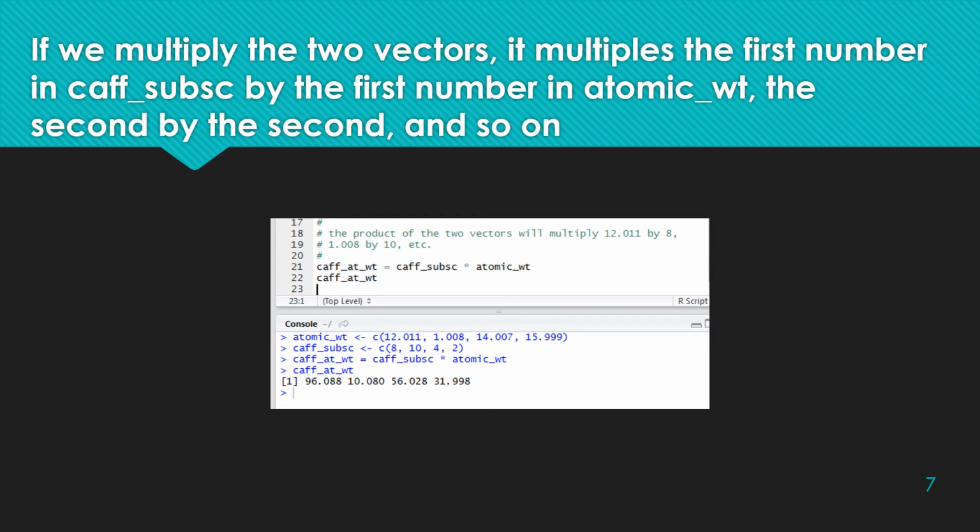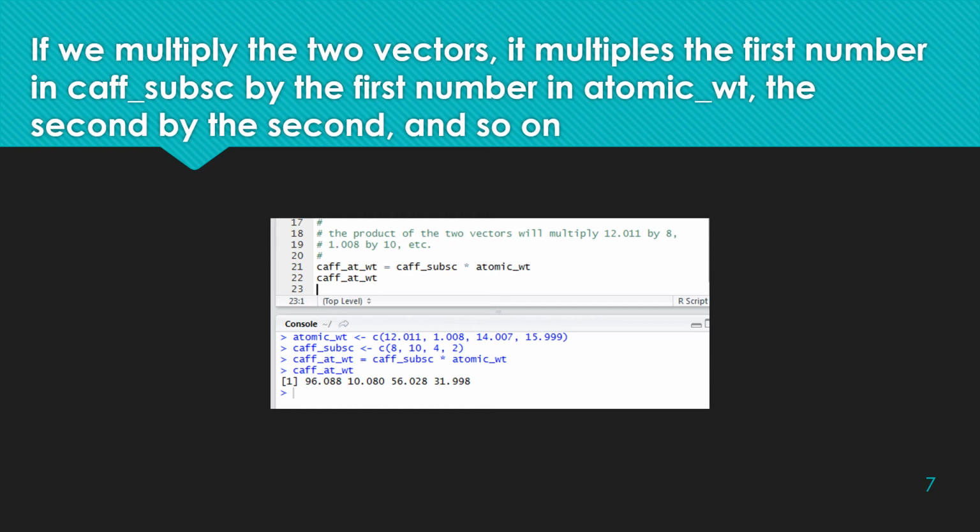So when I multiplied the caffeine subscripts by the atomic weights, I multiplied 8 by 12, and then next I multiplied 10 by 1.008, that was the hydrogen, then for the nitrogen I multiplied 4 by 14.007, and finally for the oxygens I multiplied 2 by 15.999.